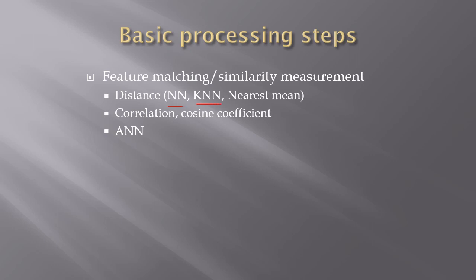K nearest neighbor, then nearest mean classifier. We could use correlation if our approach is template matching. We could use cosine coefficient. We could also use the artificial neural network.